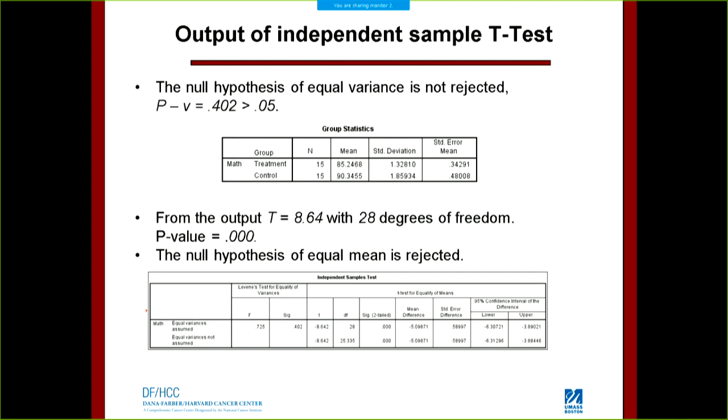Now here is the output. The first table gives the descriptive statistics for both groups respectively, and from this output you see that there are average value differences. But in statistics, we like to know whether those differences are significant at the 5% error level or not, so we always compare the p-value with the 5% significance level here.